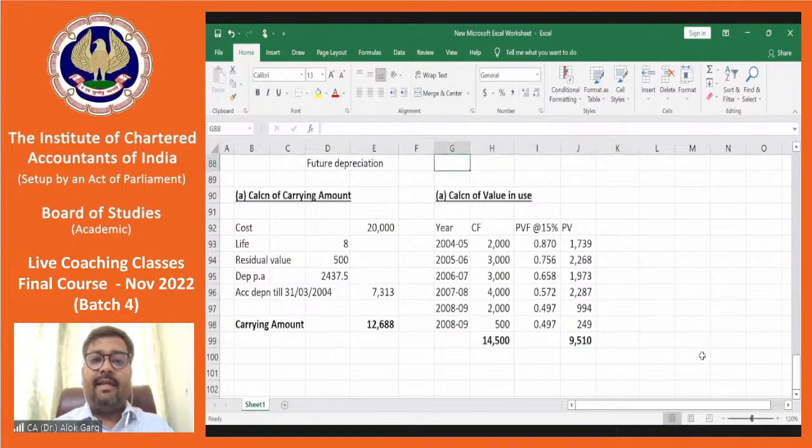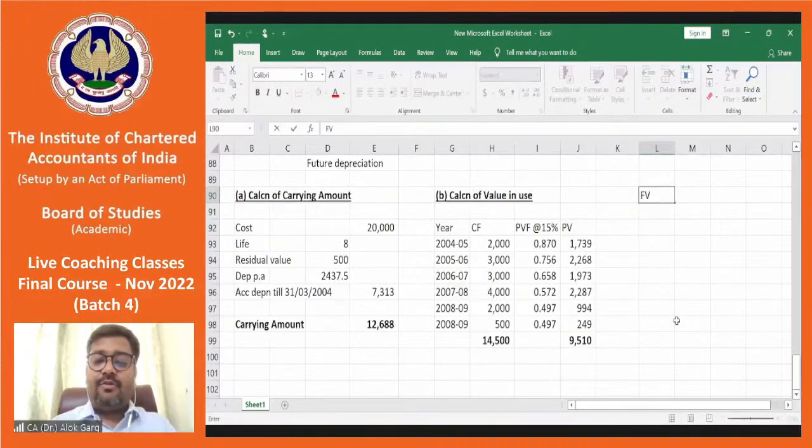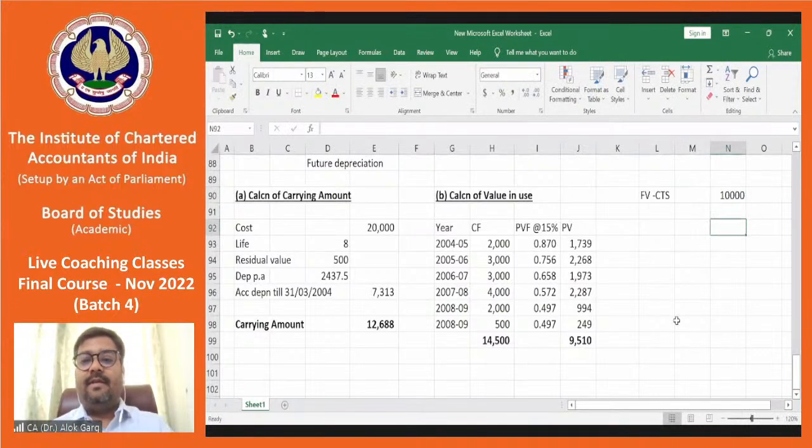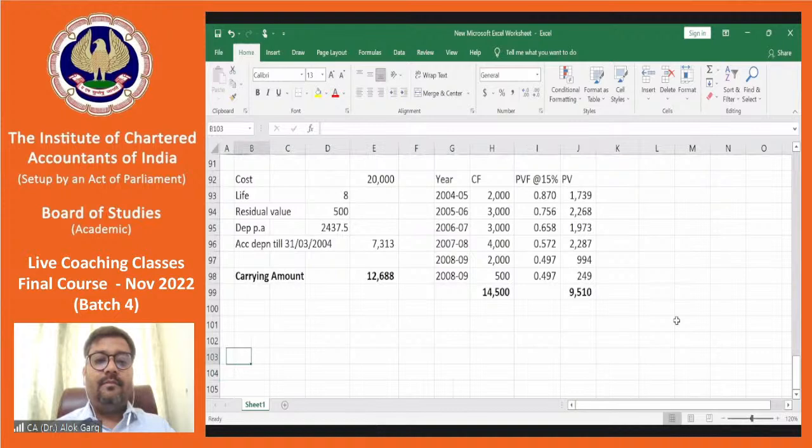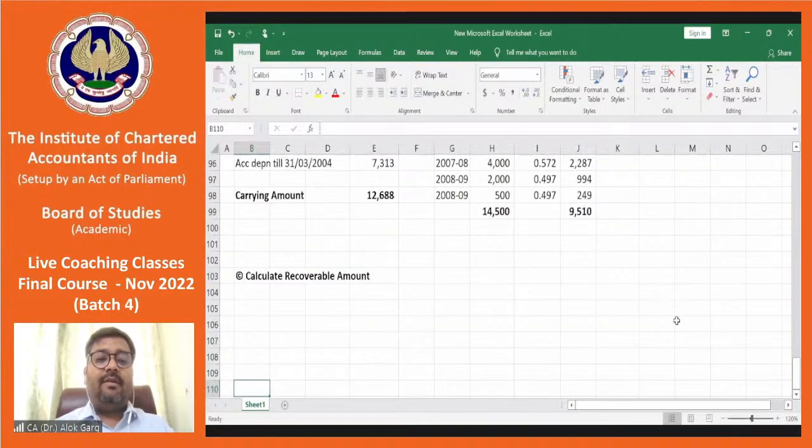We have calculated carrying amount, and the fair value less cost to sell is also given in the question. It is 10,000 lakhs. Now calculate recoverable amount.